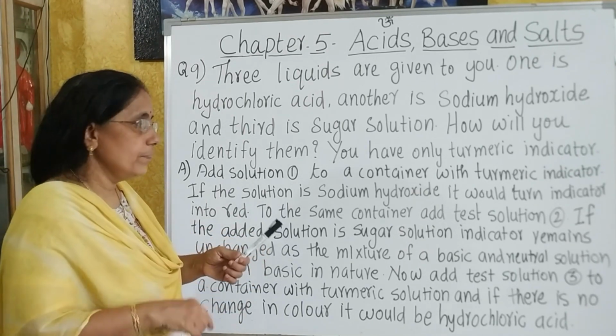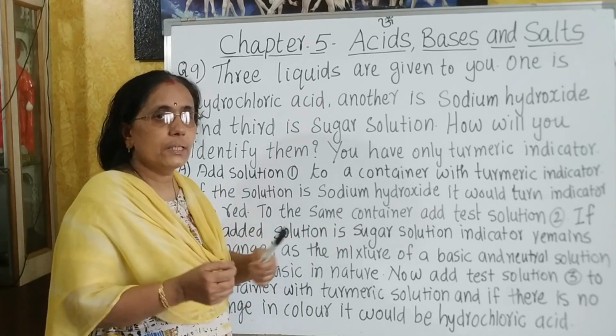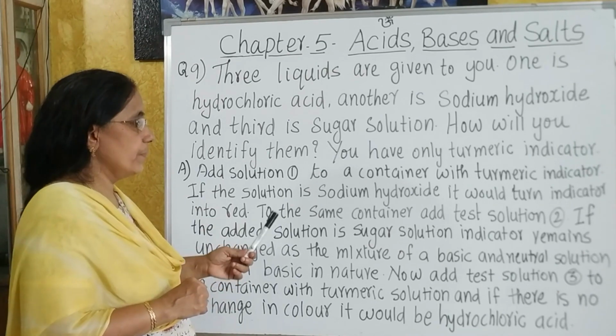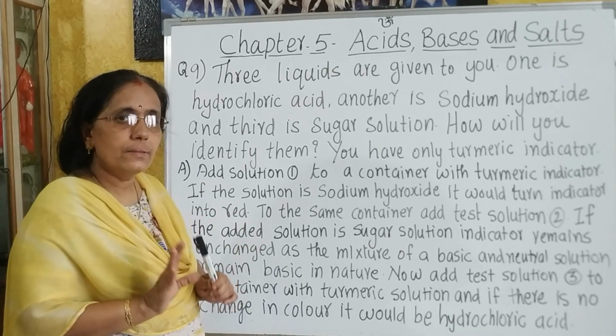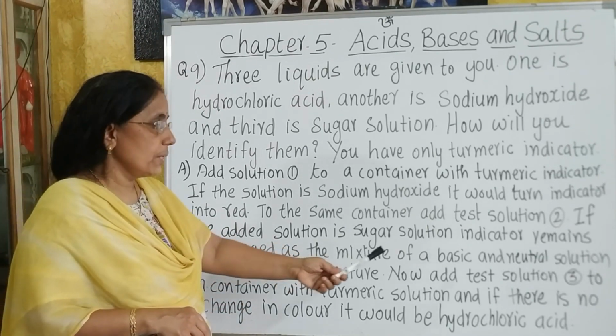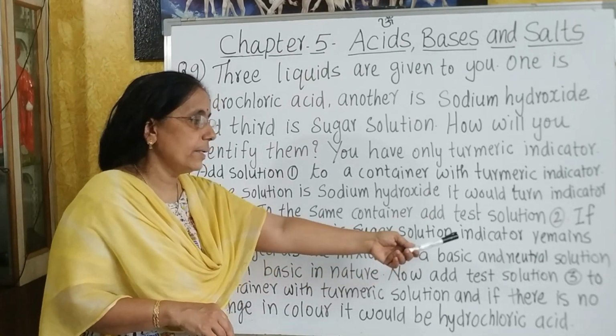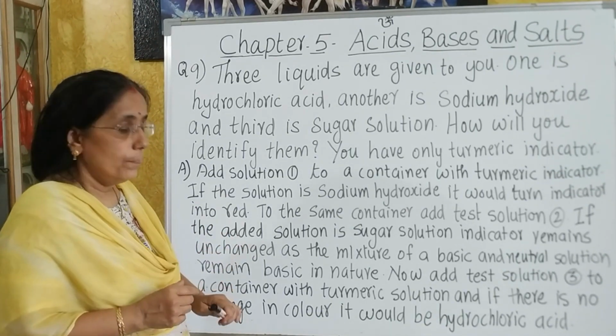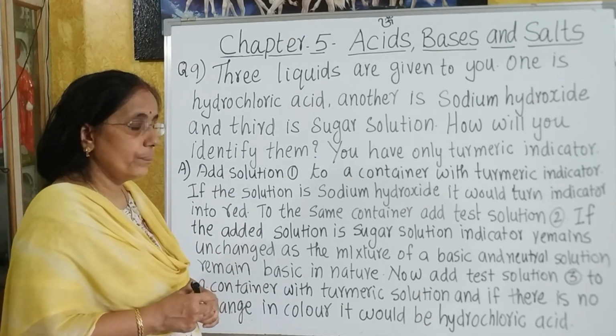And to the same container add test solution 2. If it is sugar solution, then the indicator remains the same. The same color will be there, as the mixture of a strong base and a neutral solution will remain basic in nature.